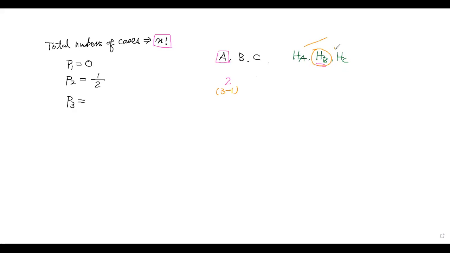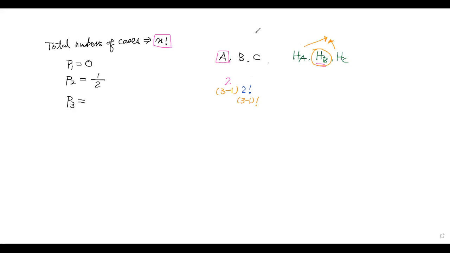I only have two hats left, HA and HC. So for HA and HC the total is 2 factorial, because the total number of ways you can choose the hats is 2 factorial, or in terms of n, this is 3 minus 1 factorial.